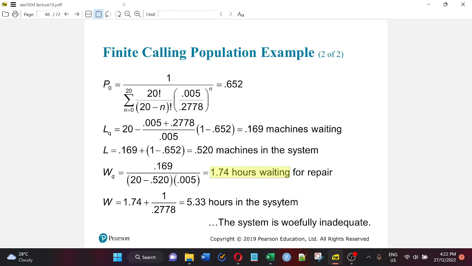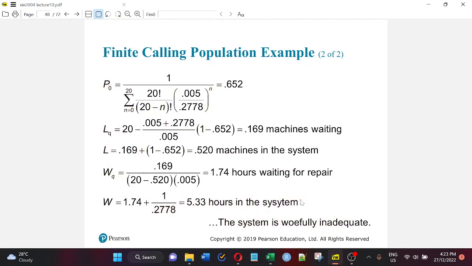And now let's look at this. The machine needs to wait almost 2 hours before being repaired. And I would say that this is quite a long waiting time. And in fact, they spend over 5 hours in the system to be repaired, including the repair time.